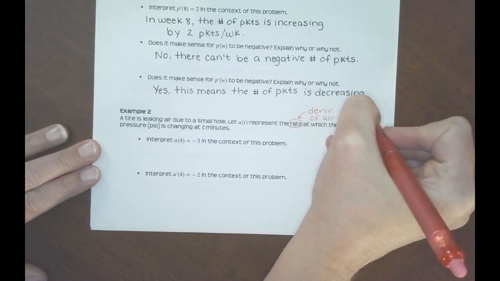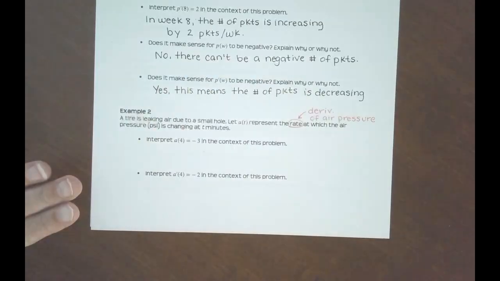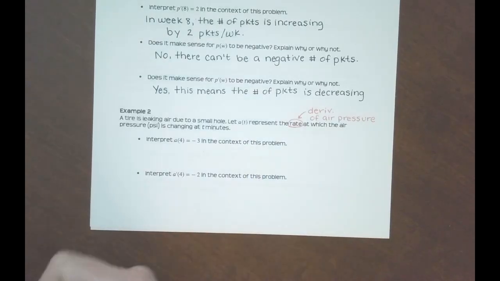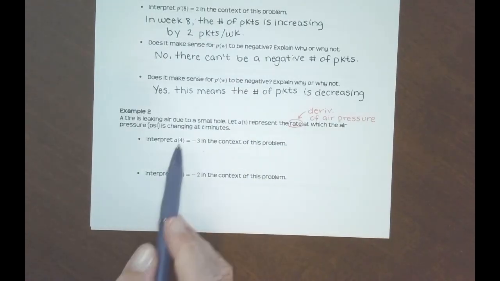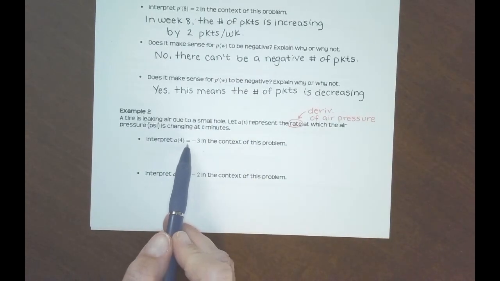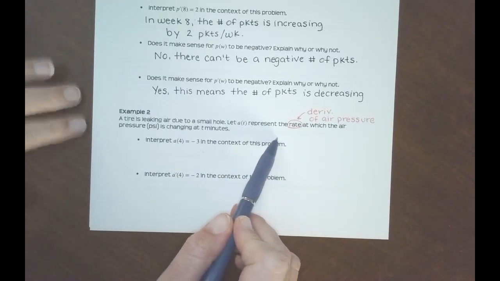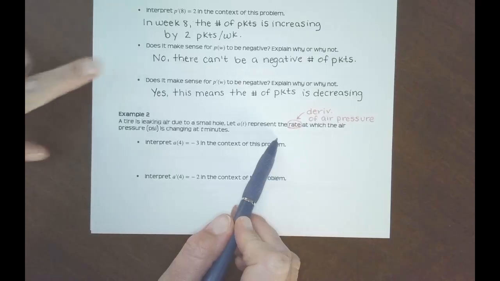If I was measuring the air pressure at given times, making a table of all of the air pressures and taking some measurements, that's what I'd be finding here. And then if I took the derivative of that, that's what this A of t function is talking about. So when I do this interpretation, I need to remember that this A function is talking about a rate. So I'm interpreting it similar to how I did this one up here.